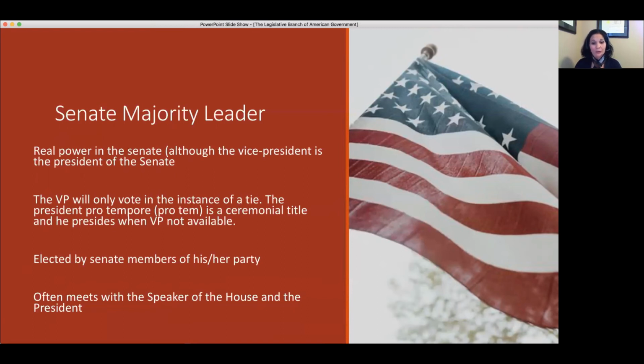The Majority Leader often meets with the Speaker of the House and the President and is elected by members of his or her party. The President pro tem of the Senate is a ceremonial title given to the most senior senator in the majority party, and he presides when the Vice President is not available.